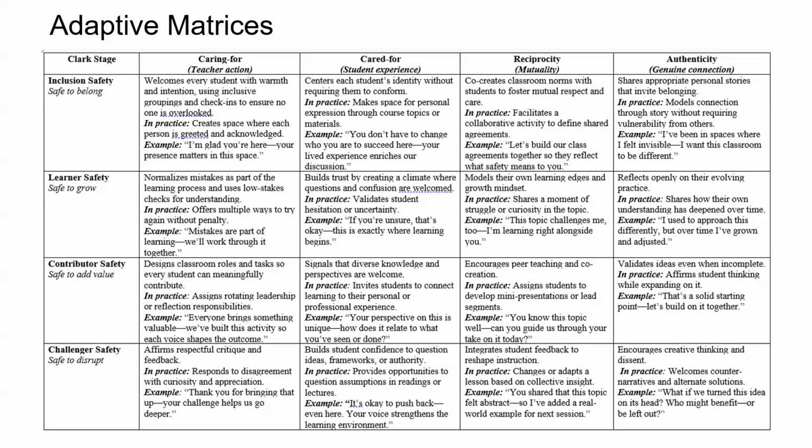So for people to say, hey, I don't agree with you. And so in practice, what that looks like is you welcome counter narratives and alternative solutions, not just the ones that you as a professor have come to know as true, but other people's lived experiences. What's an example of something you could say is, what if we turn this idea on its head? Who might benefit or who might be left out?